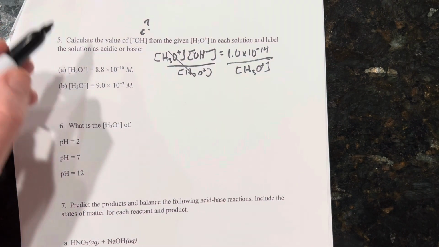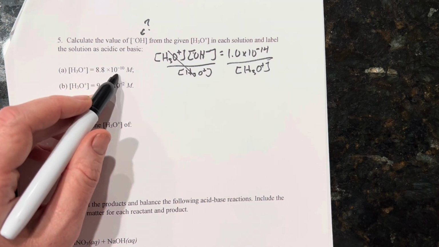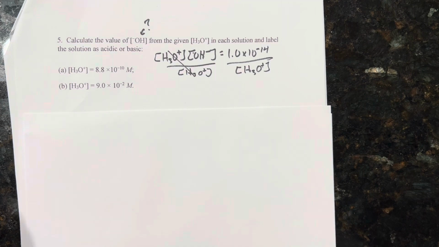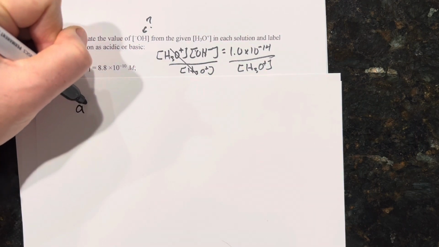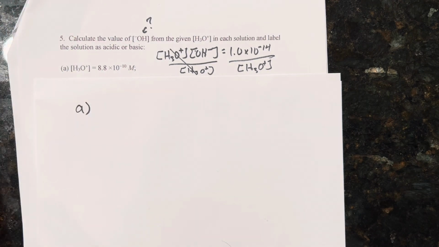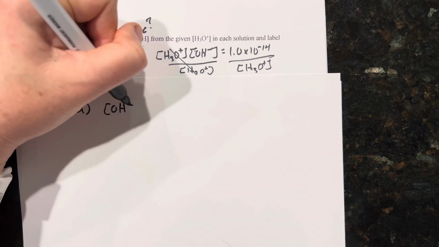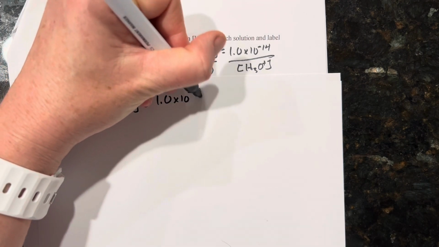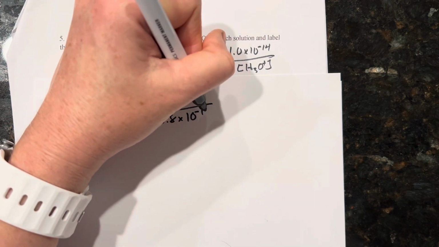All right, so let's go ahead and do it. In A, our H3O plus is 8.8 times 10 to the negative 10. So let me flip it around here. So in A, it's 8.8 times 10 to the negative 10, which means our OH minus concentration equals 1.0 times 10 to the negative 14 divided by 8.8 times 10 to the negative 10.